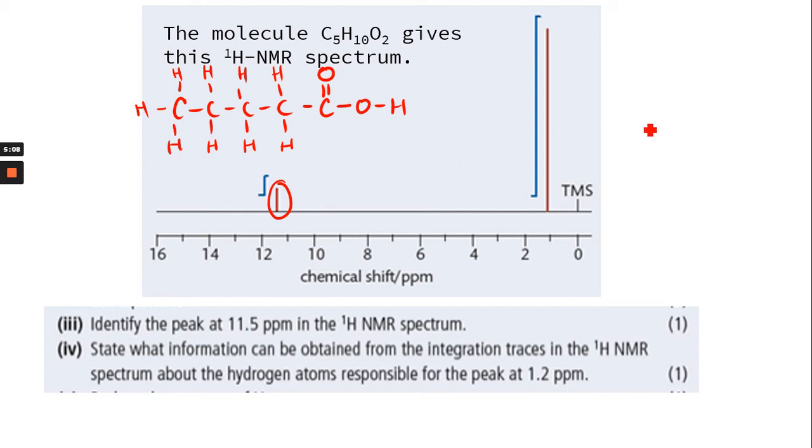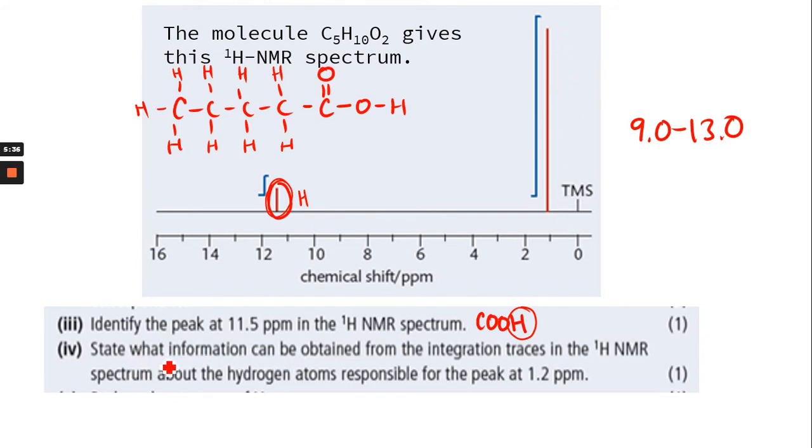And that would fall, there's one that's 9.0 to 13.0. So our 11.5 would fall into there. And that is our COOH. So it's this hydrogen of the COOH that is giving us this peak. And then look at the height difference. We have 1 hydrogen here, and then we have this really tall peak right here.